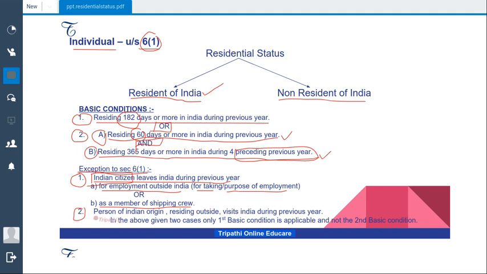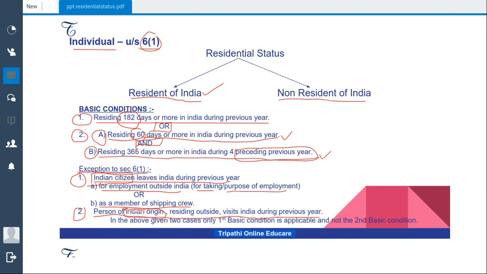Second exception: a person of Indian origin residing outside visits India during the previous year. Now, what do you mean by Indian origin? Born in India, brought up somewhere else. Suppose you are not born in India, but either of your parents was born in India, still you are a person of Indian origin.